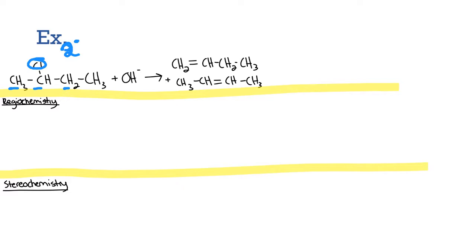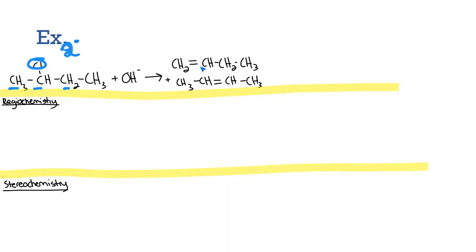So do we remember which one out of these will be more stable? The second one, this bottom one here, is going to be more stable because if you remember, an alkene is more stable the fewer hydrogens it has around the double bond, because alkyl groups stabilize a double bond.